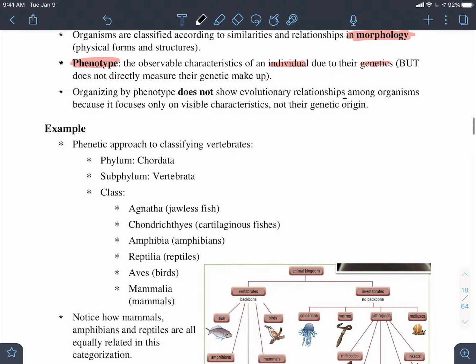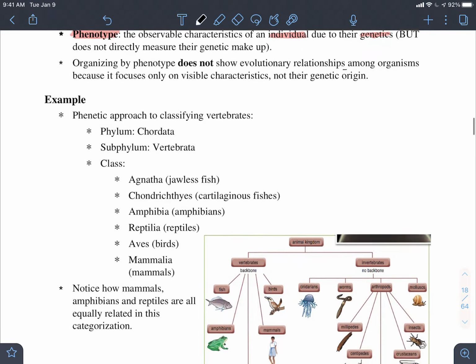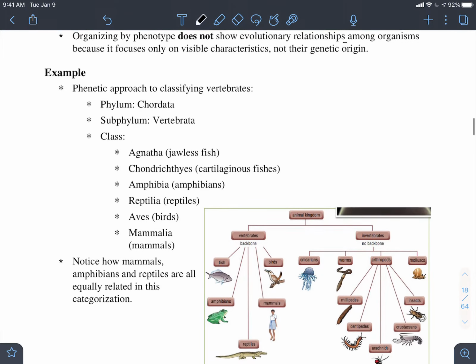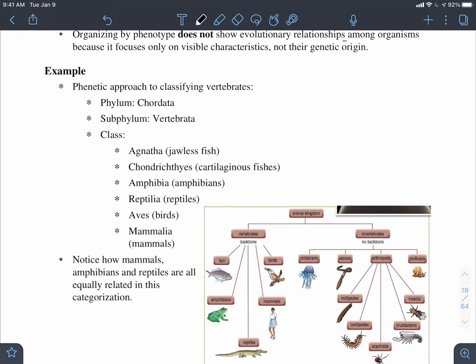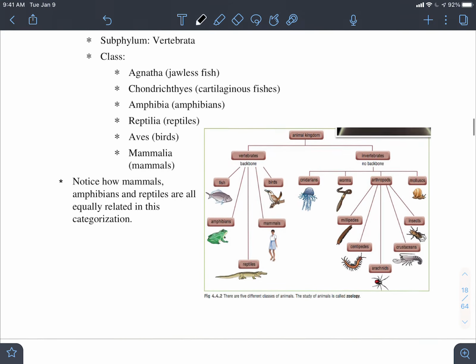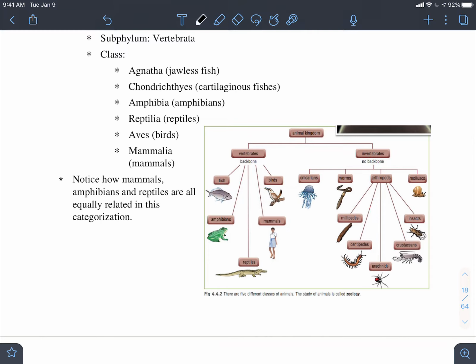When we look at the phenetic organization of vertebrates, we might say that phylum Chordata has a subphylum Vertebrata. In this case, we would organize all fish by some of the characteristics that they have. So for example, we would have the jawless fish, the cartilaginous fish, the amphibians, the reptiles, the birds, and the mammals. Each of these would be equally diverse. So you can see here the animal kingdom organized this way, and we're talking about this grouping right here.